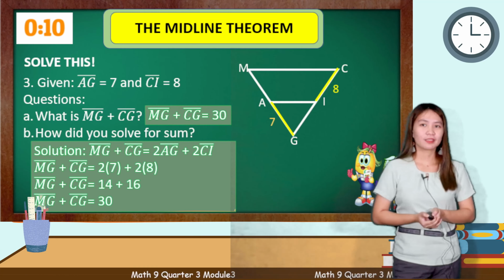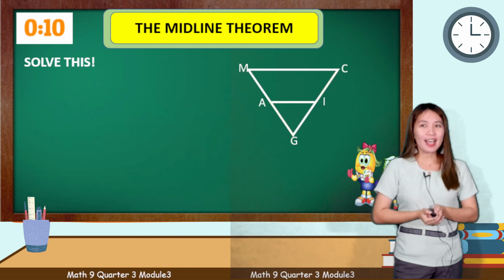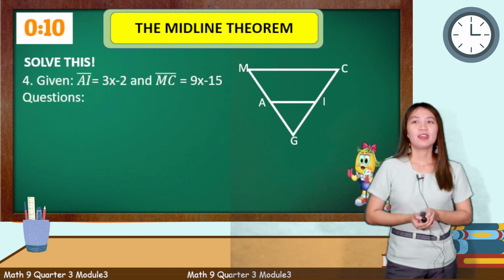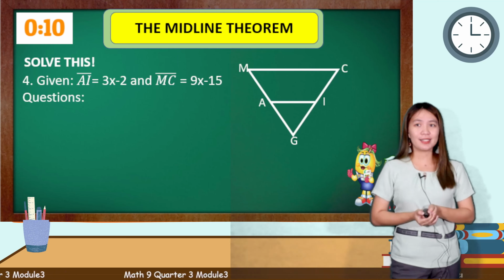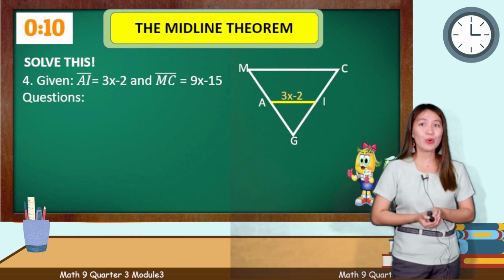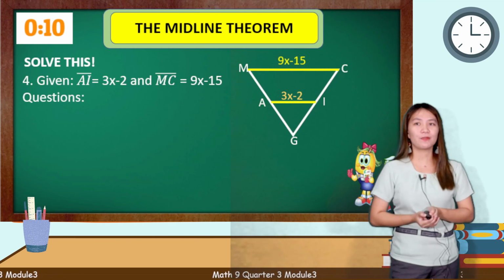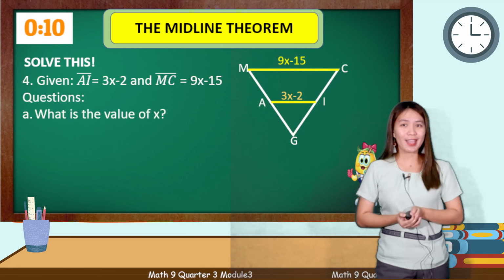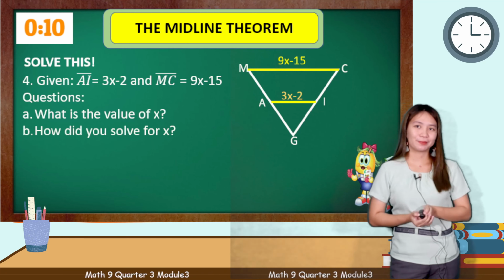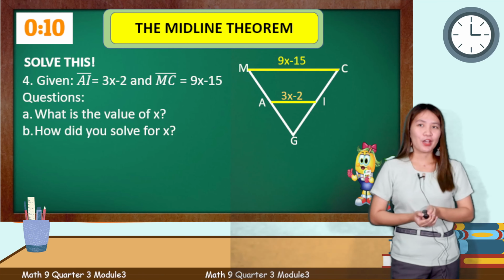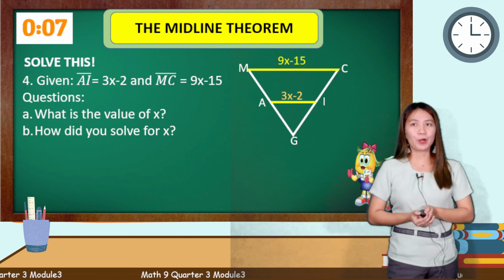Great. And lastly, for number 4, given segment AI is equal to 3x minus 2 and segment MC is equal to 9x minus 15. Now you need to find the value of x. Another 10 seconds for this problem.